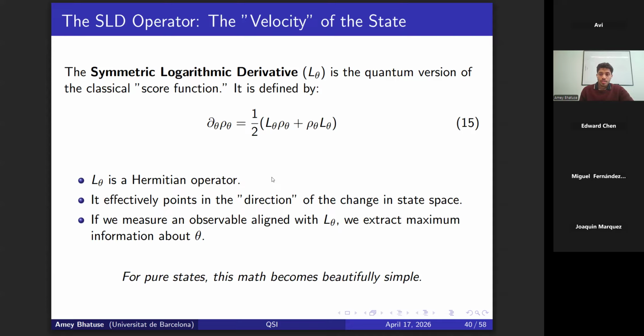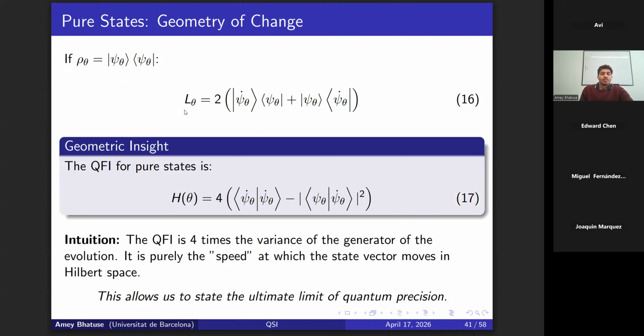Now, for pure states, this math can be much simpler, because pure states have some structure for the density matrix, where your L theta can be twice of this. And the quantum Fisher information for pure states becomes 4 times the variance of the generator of the evolution.